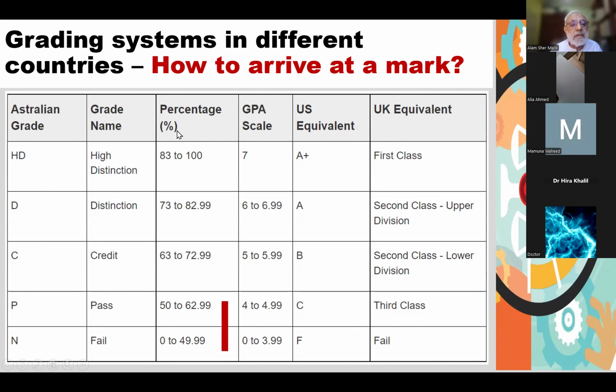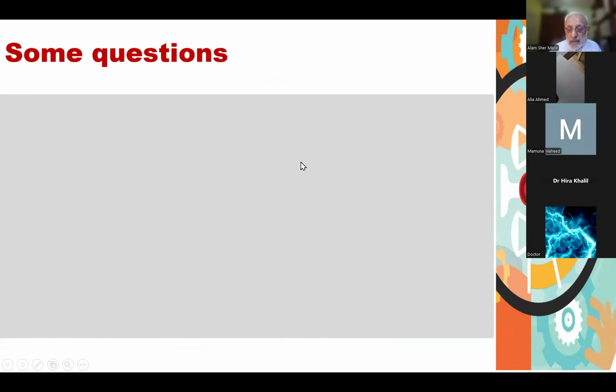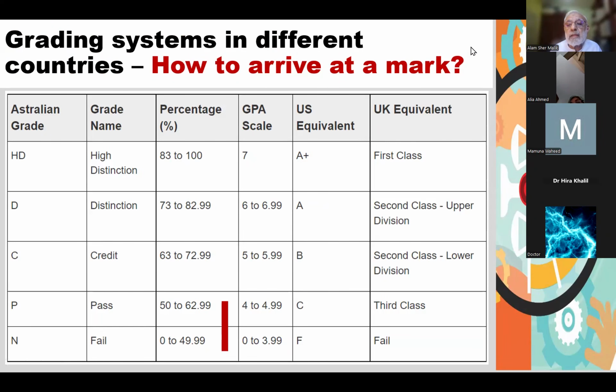This is their criteria: to have high distinction, the marks should be from 83 to 100%. Similarly, for distinction, 73 to this. And high distinction corresponds to the GPA of 7, which is equivalent to US A plus, and in UK, this would be first class. So this is a grading system used in some of these countries.